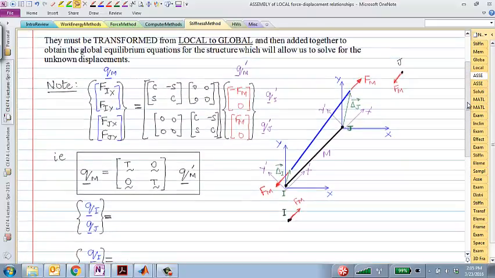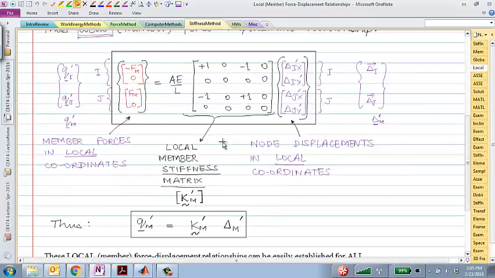So in doing this, what we have really done is we have converted the left-hand side of this force displacement relationship to global coordinate system. What we also need to do is to convert the displacements to global coordinate systems, because these are also again local coordinate system.